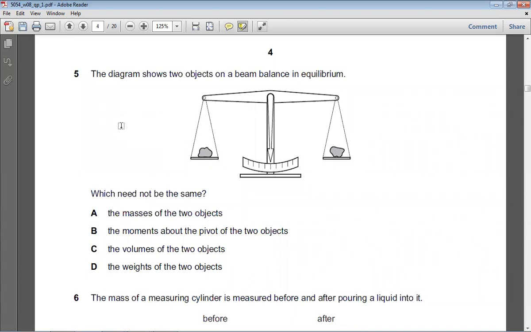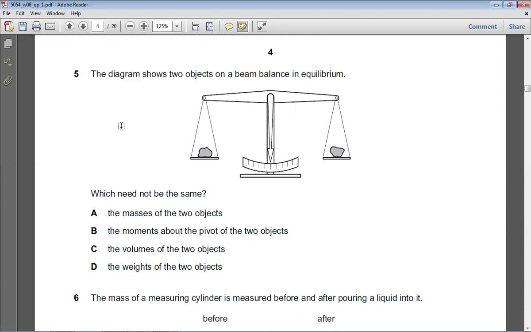The diagram shows two objects on a beam balance in equilibrium. Which need not be the same? I remember that on the beam balance, when two objects are balanced, their mass is the same, their weight is the same, and the moment they are producing about the pivot is also the same.